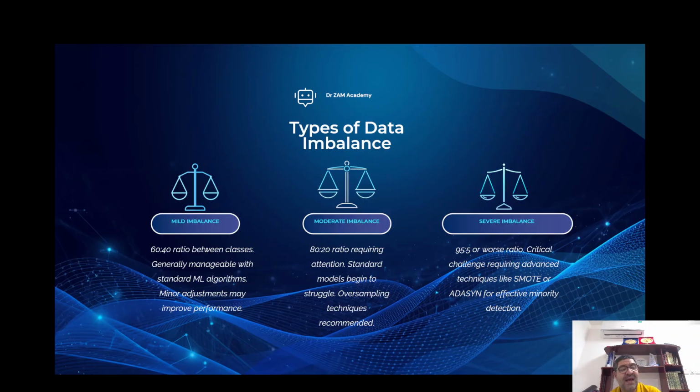And a severe imbalance is not handled by standard oversampling, for example random oversampling. We need a specialized oversampling technique like SMOTE or ADASYN, and then it can be handled. We are going to discuss all of these techniques probably after this.